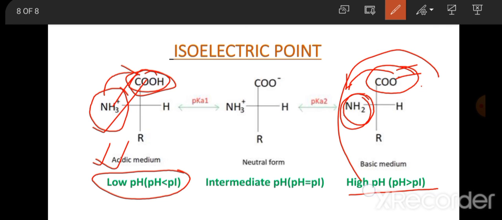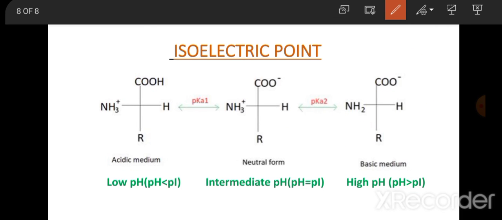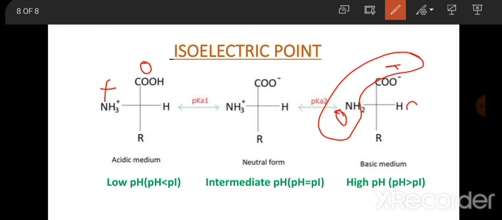So the overall charge here is negative. Here this is uncharged, no charge. This is positive charged. This is negative. This is for no charge. Here this is negative charge. Same case.